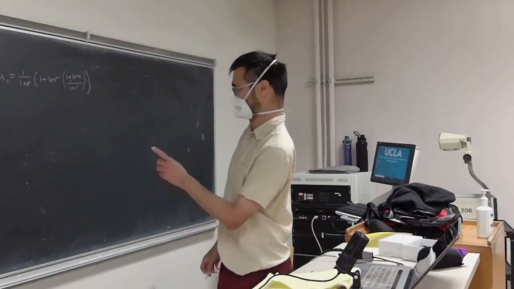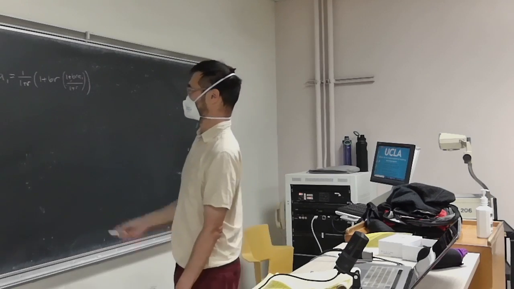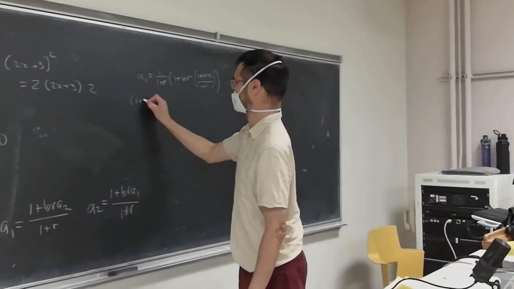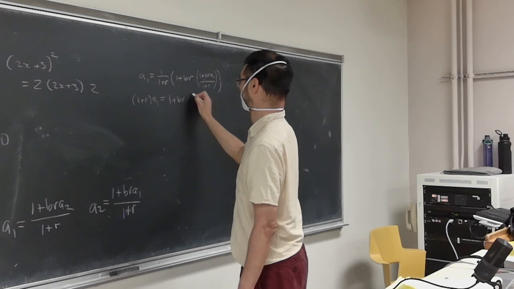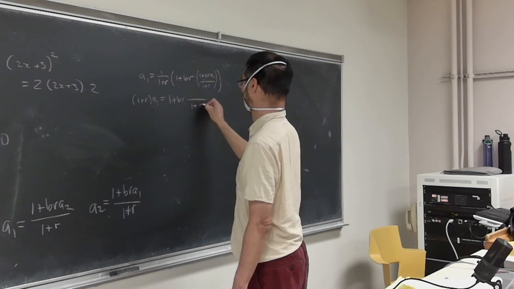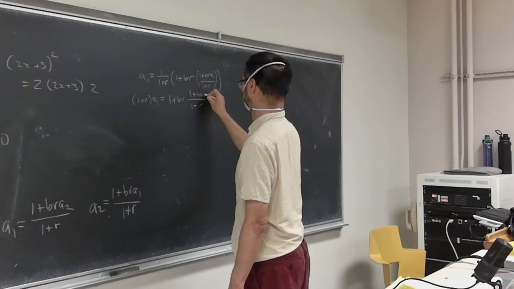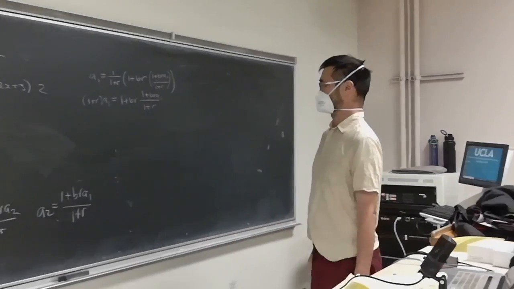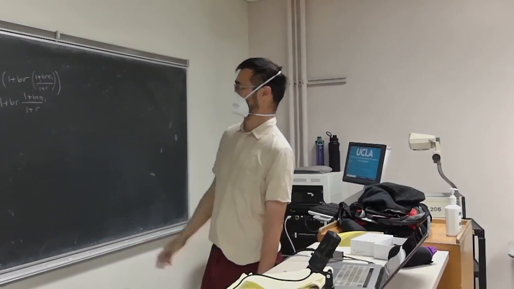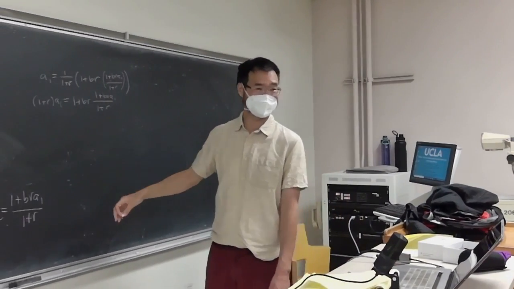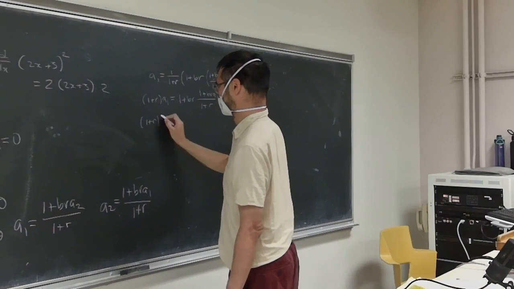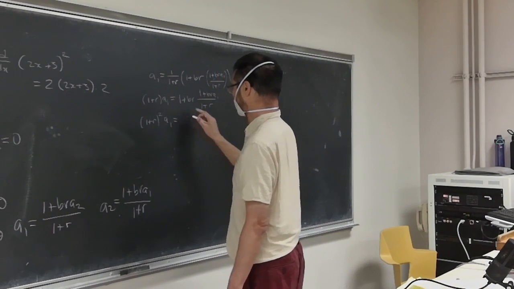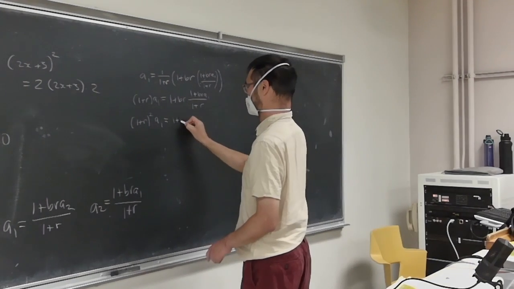Okay. I'm going to bring my 1 plus r on this side. Maybe I'll multiply by 1 plus r again, just to get rid of fractions. Now 1 plus r times this is just 1 plus r, right?